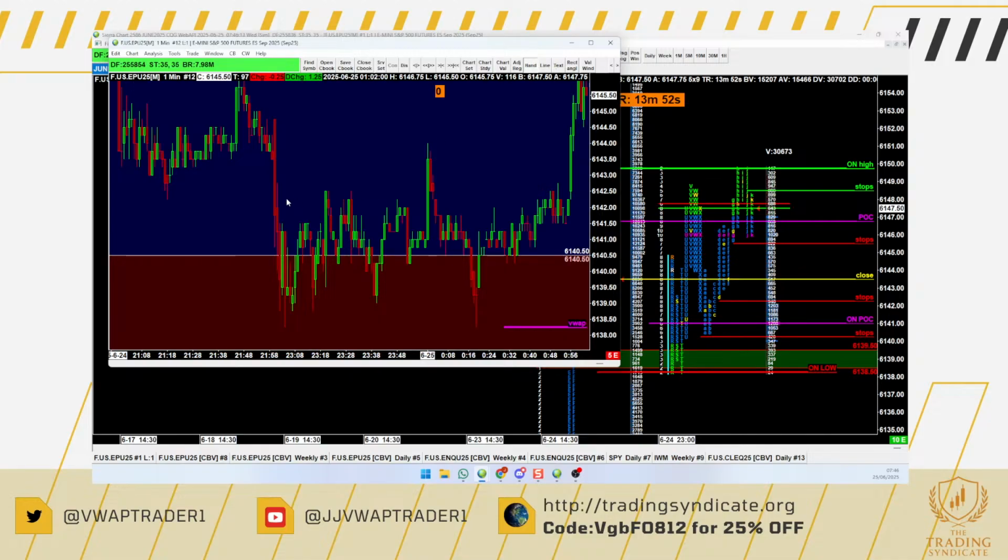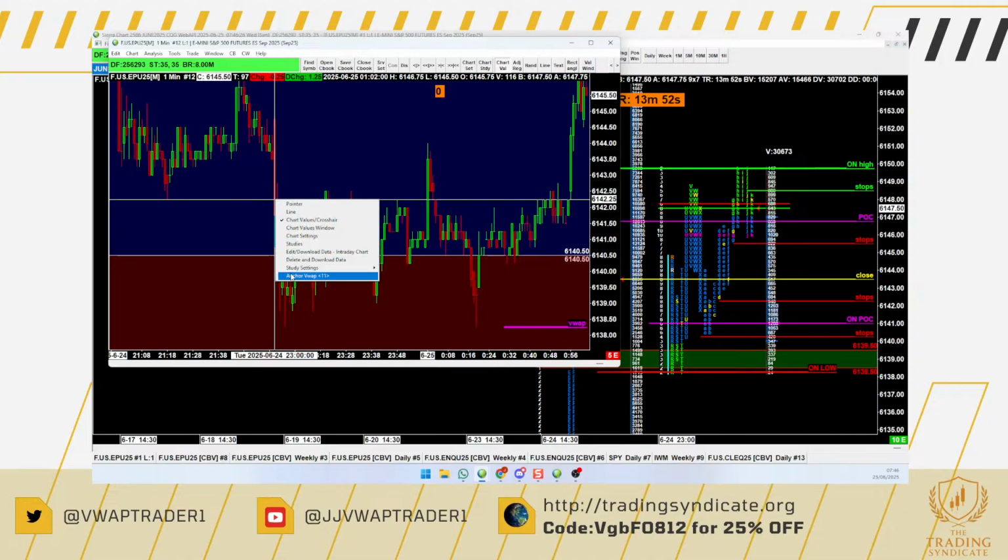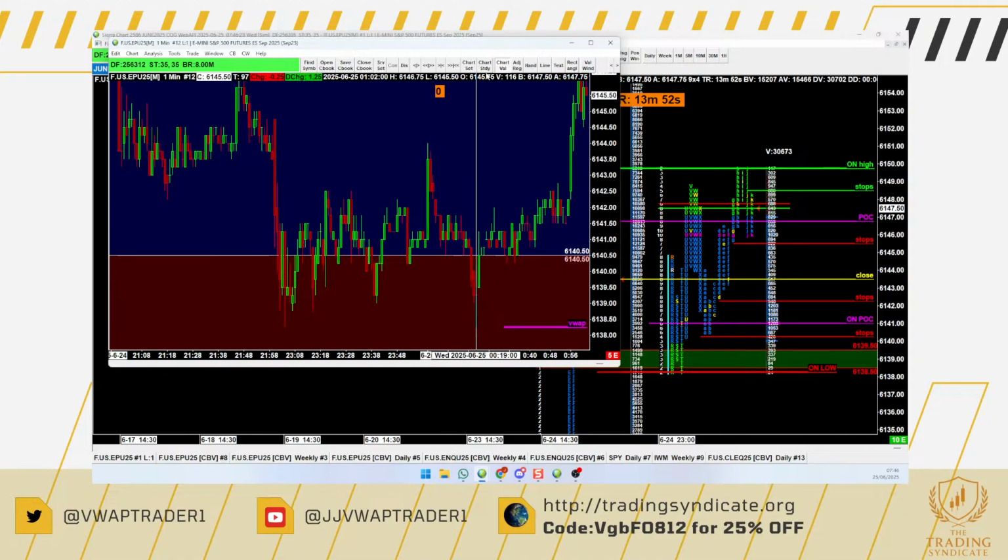I always set my VWAP at the Globex Open for me, 2300 hours, which is 11 o'clock UK time, which is 6 p.m. your time in New York. So I anchor my VWAP there.